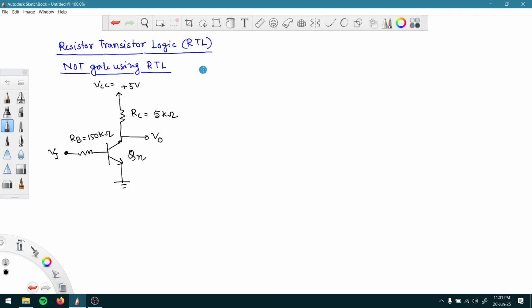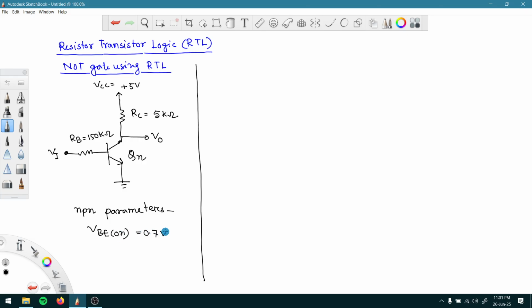Some parameters were mentioned there for this case. This is an NPN transistor, so the NPN parameters were VBE on equals 0.7 volt.